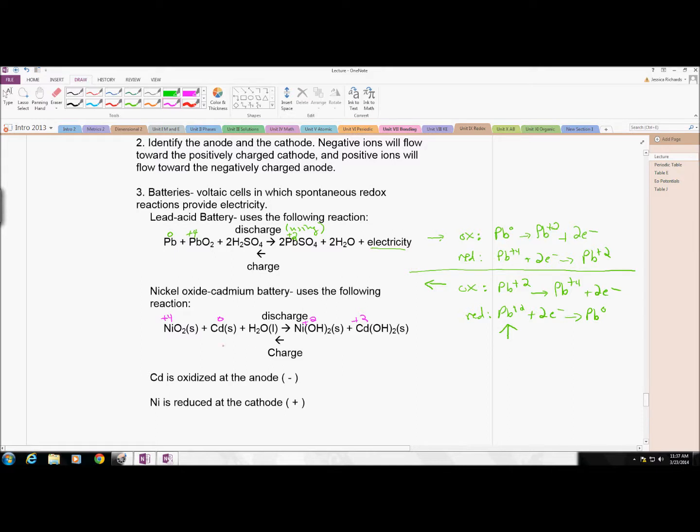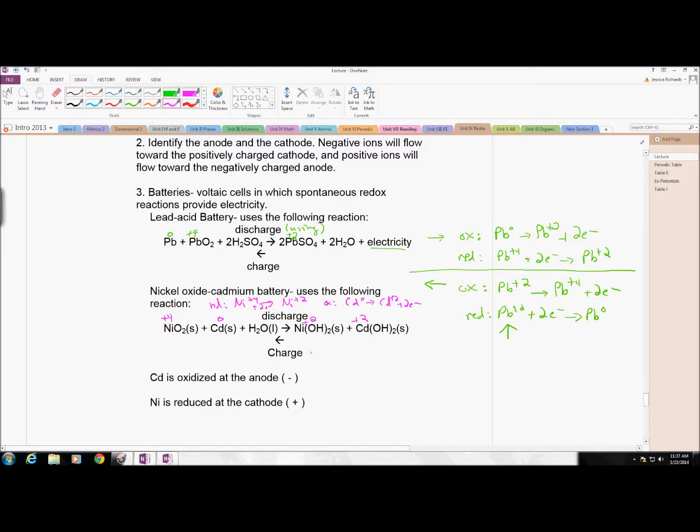So in the discharge, you have nickel +4 being reduced to nickel +2 by gaining 2 electrons, and you have your cadmium being oxidized into cadmium +2 by losing 2 electrons.